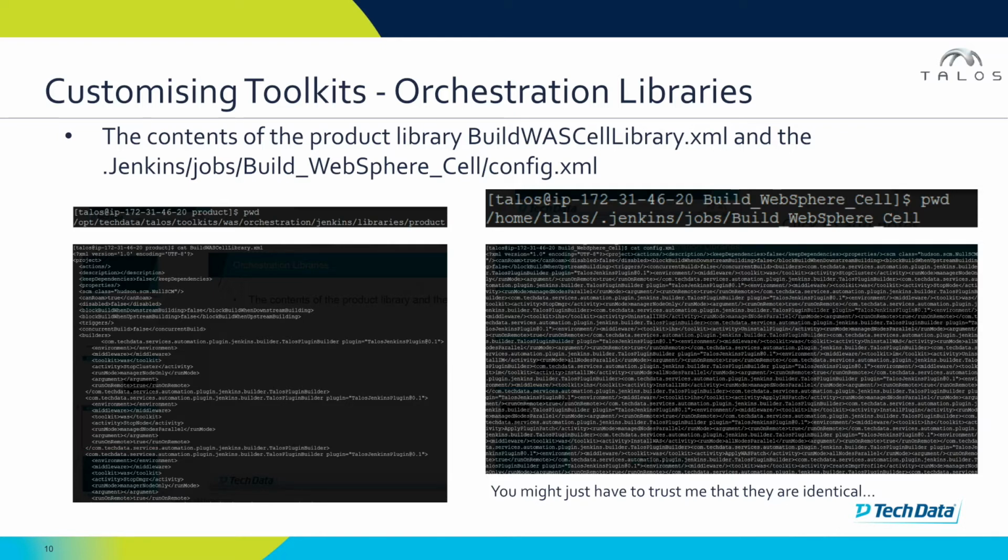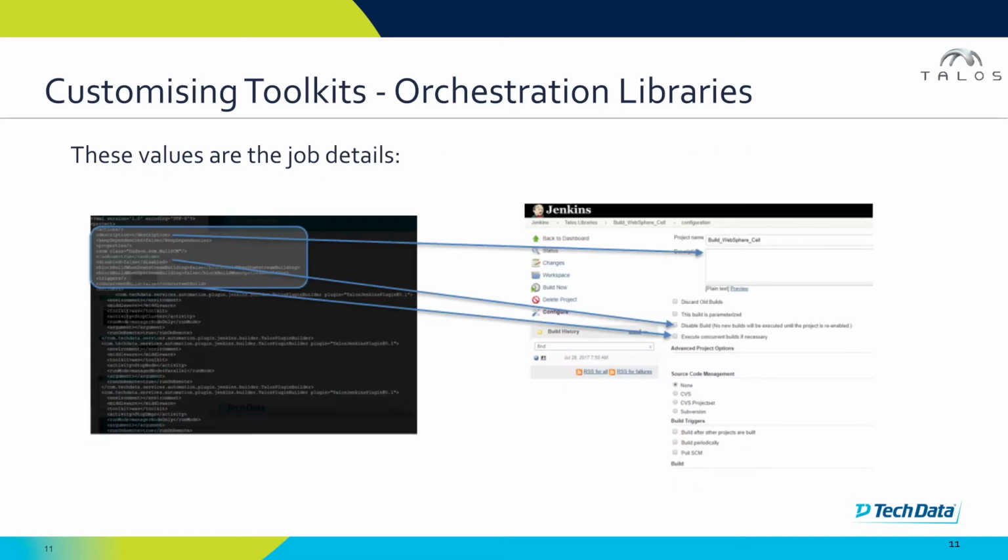And on the right-hand side here, the config XML within Jenkins jobs build WebSphere cell. So it's in a slightly different format. One is formatted nicely so you can see those XML elements. The other is not quite so nice, but you might just have to trust me that they're identical files.